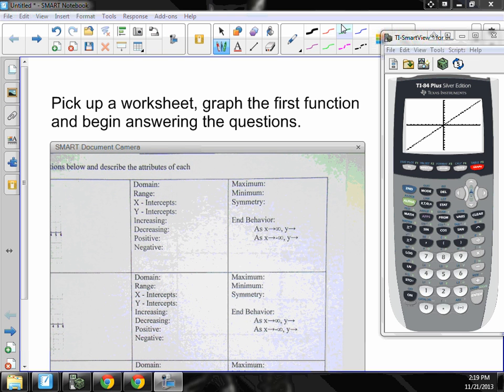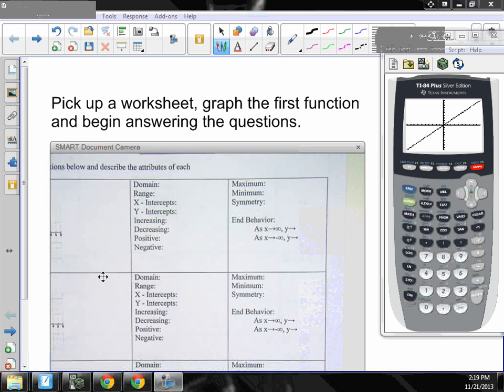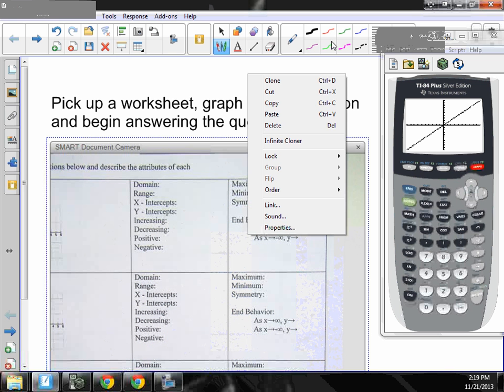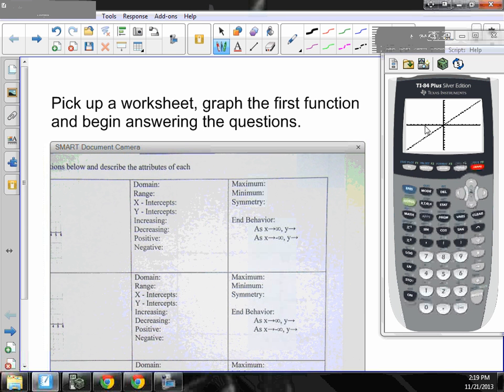So for this graph here, y equals x, we need to fill out all of these attributes. Remind me again what domain means. What all x values are. So if I look at the graph, is -5 part of the graph?